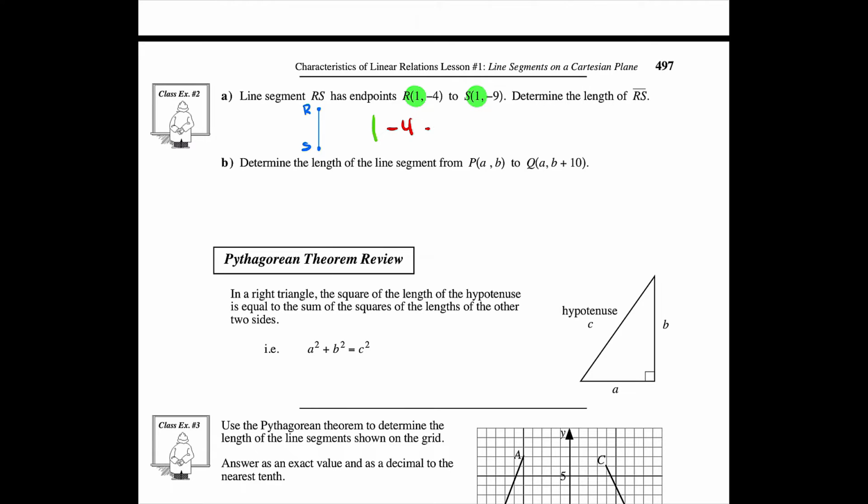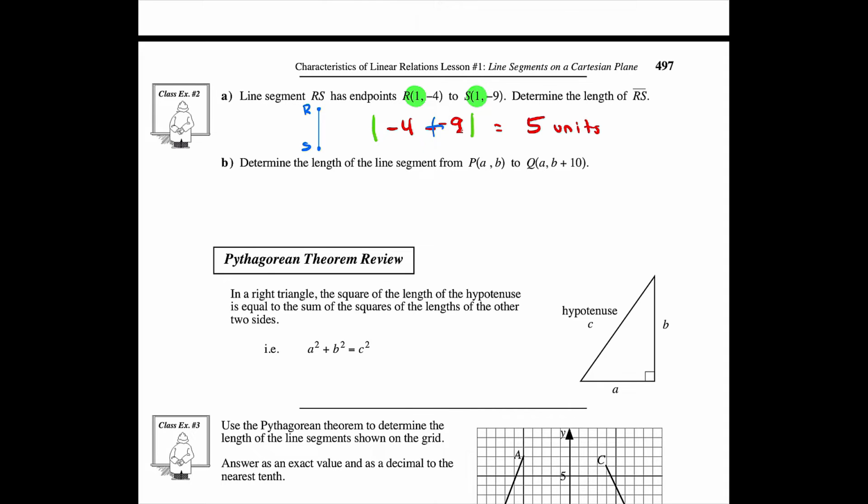And I'm going to subtract from that -9. And don't forget, I'm taking the absolute value of that. And two negatives make a positive. So I've got -4 plus 9, which is going to equal 5 units.